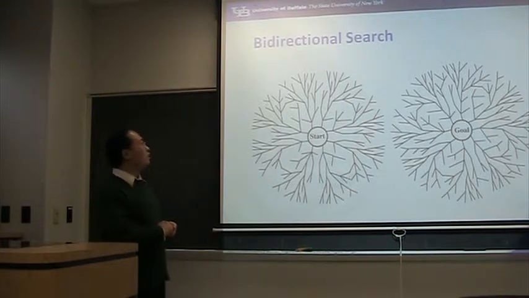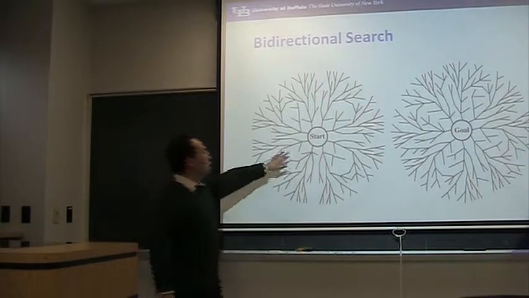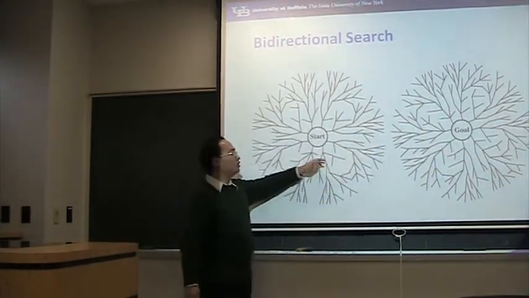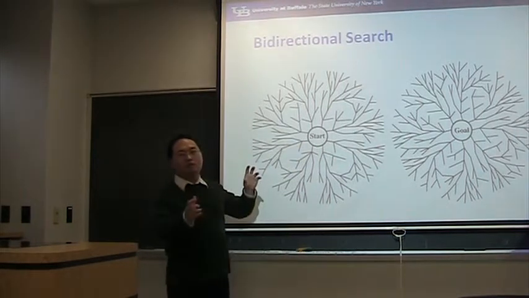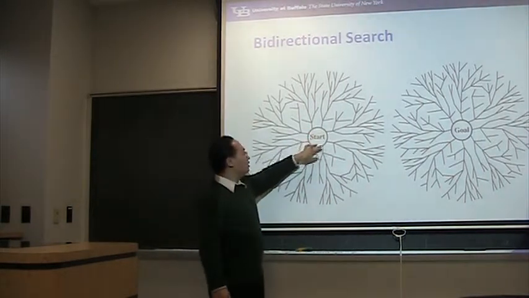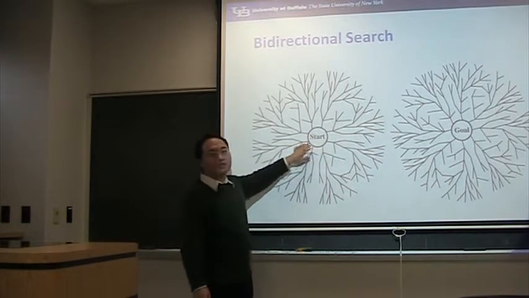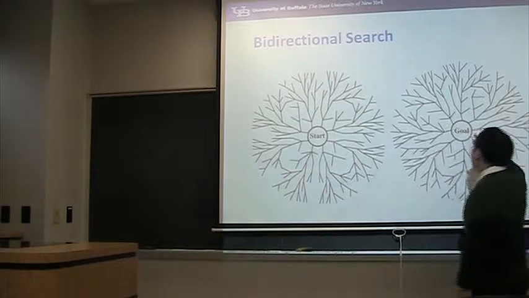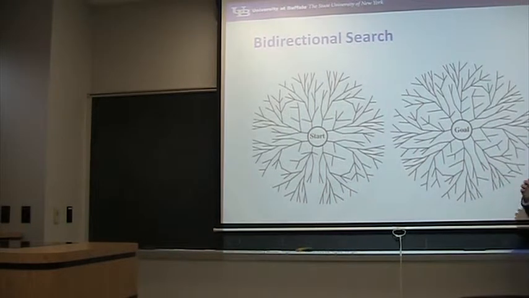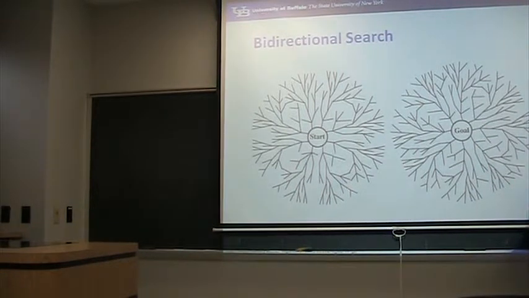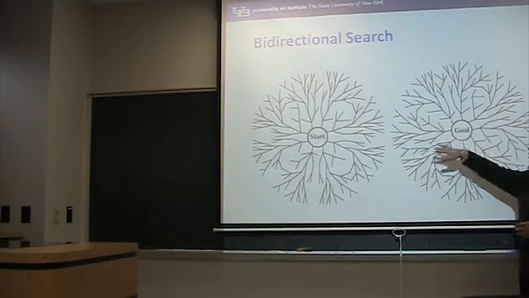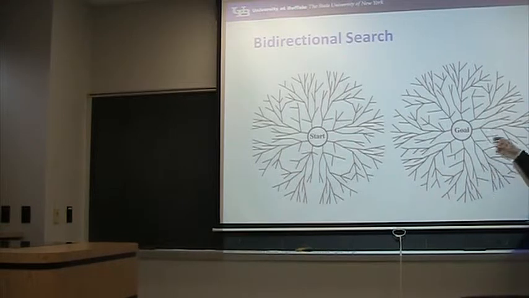Another thing is called bidirectional search. So we want to go from start point to the target. We use two computers. One computer starts generating a shortest path tree from this node, and the other computer is using a backward graph, which is using the same weight as the forward graph, maybe negative, and is searching backward.